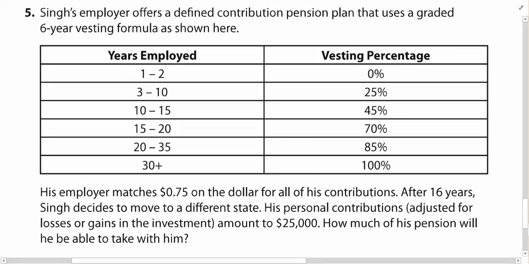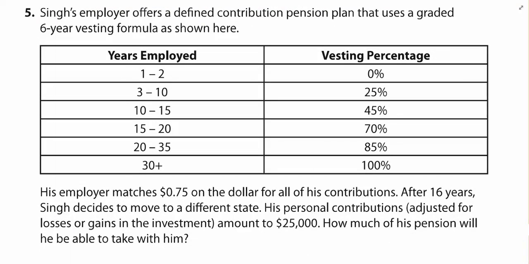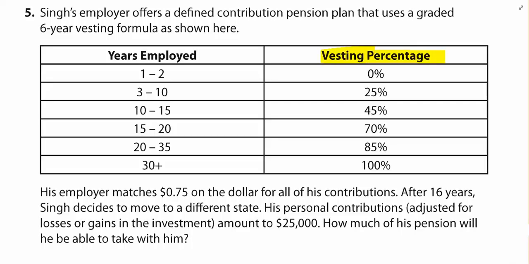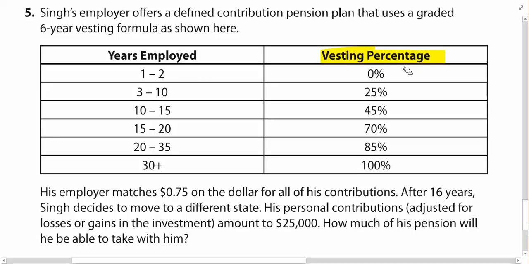All right, so this final example is kind of an interesting one and has to deal with this thing called vesting percentage. Now, what that means is that a benefit that an employer offers is dependent upon how much time you spend with the company. In this particular case, if you only work 1 or 2 years, then your employer is not going to vest or invest that much in you.